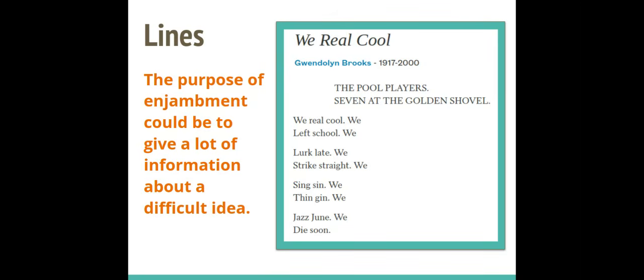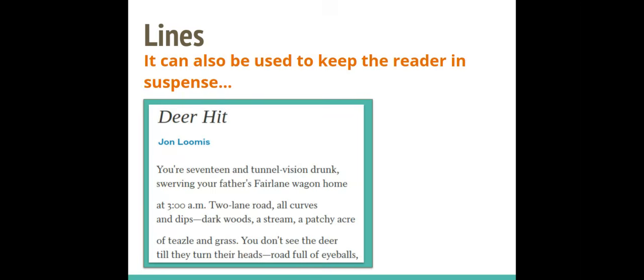It's focusing on this idea of "we," because the "we" is what continues on. You see that at the end of each line. And the reason the poet does that is because they want us as the reader to ask, well, wait, who is "we"? Why is "we" important? And that's really the point of this poem.